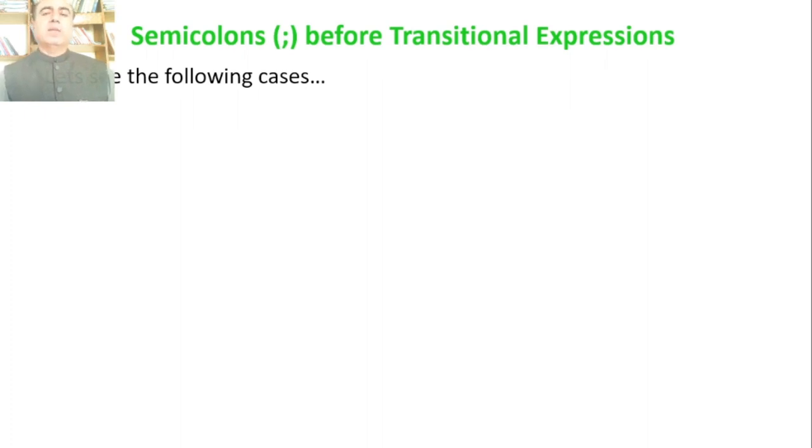You can learn about transitional expressions in a separate lecture that I have uploaded, but here I would like to make it in a short statement. Transitional expressions carry the effect of a verb in the previous sentence to the next sentence. That's why they are called transitional expressions.